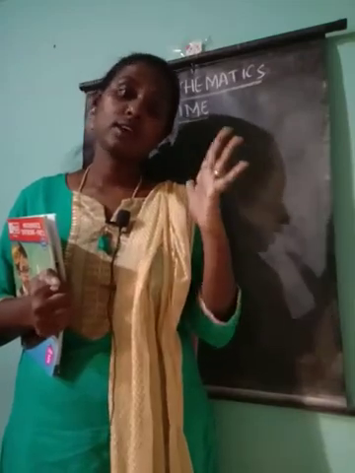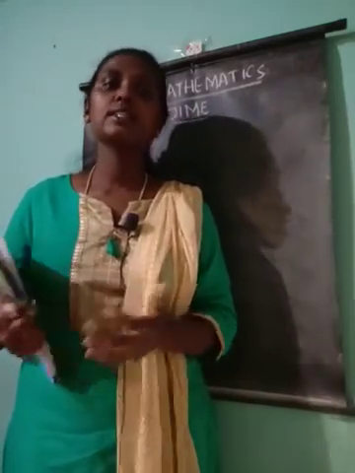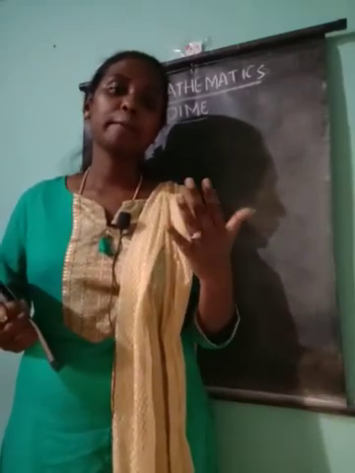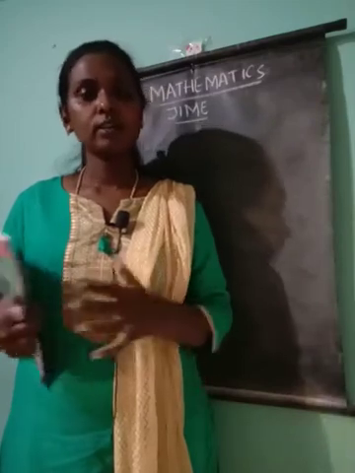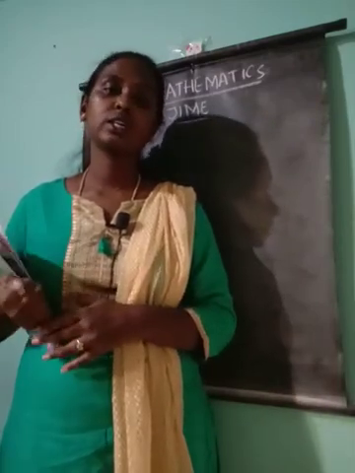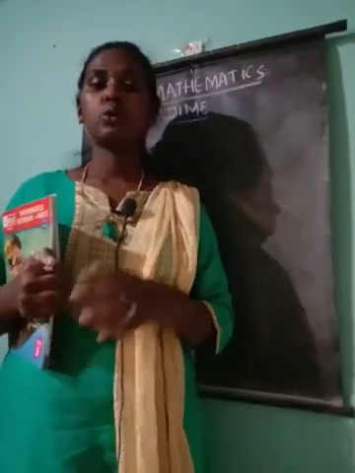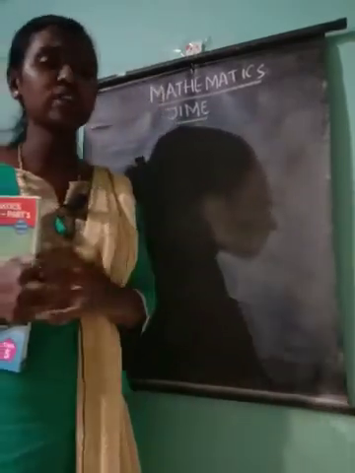So 60 into 60, if we calculate, it is 3600. It is 3600 seconds for 60 minutes. Again we have to multiply by 60 for how many hours?